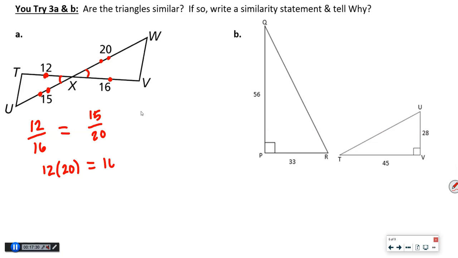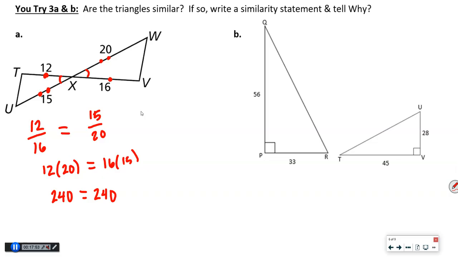Is that equal to 16 times 15? Okay, so this is 240, my bad. That's 240, right? Okay, 240. And 16 times 15 is also 240, isn't it? Okay, so if those are equal, then yes, they are the same ratio.